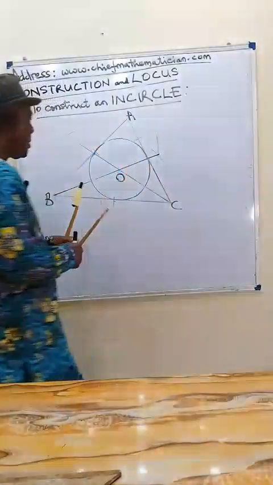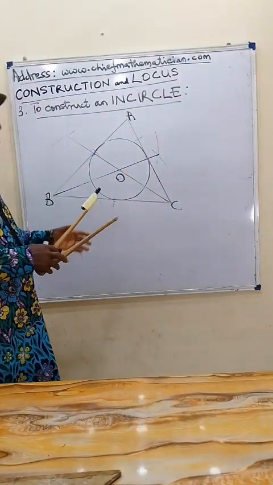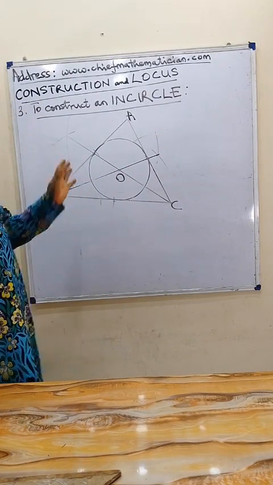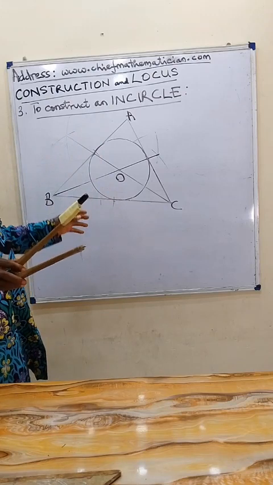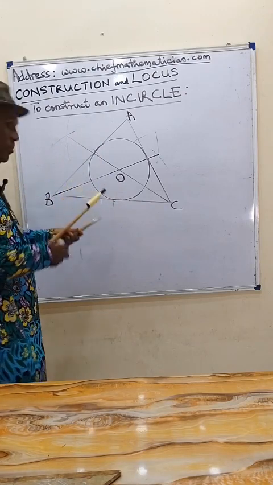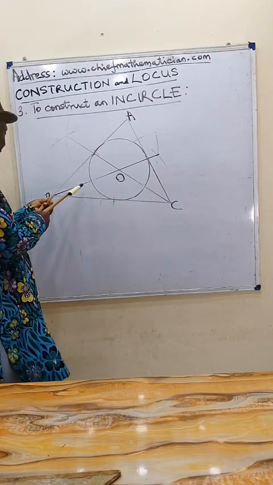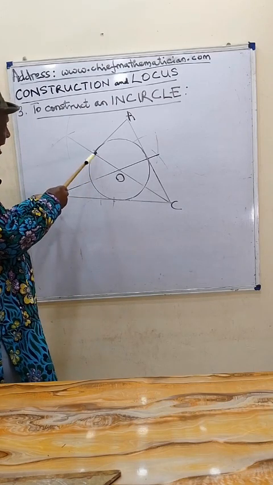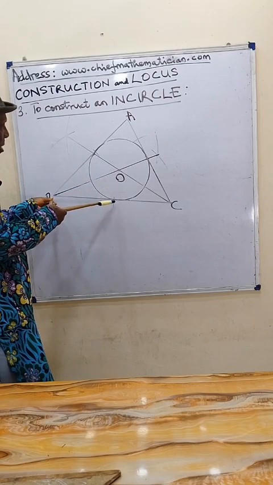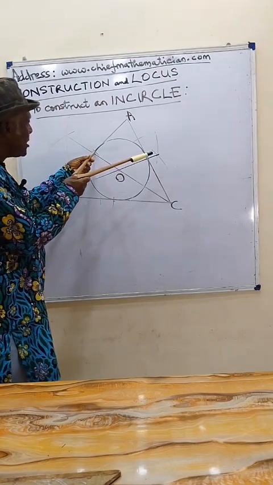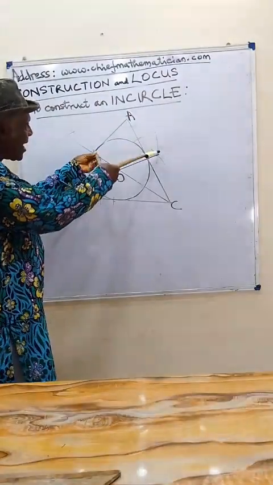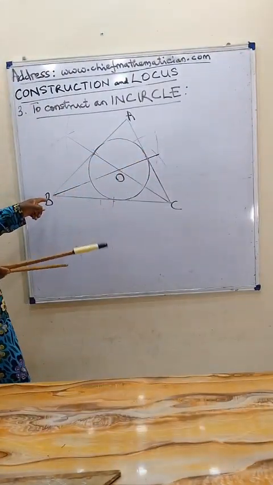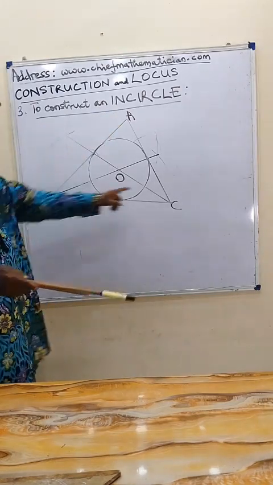Now you construct the bisectors of any two of the angles. Any two. So with B as center and a convenient radius, we describe an arc this way, arc that way. Come to the point of intersection here, describe another arc, come here, another arc. We now get the bisector of angle ABC.